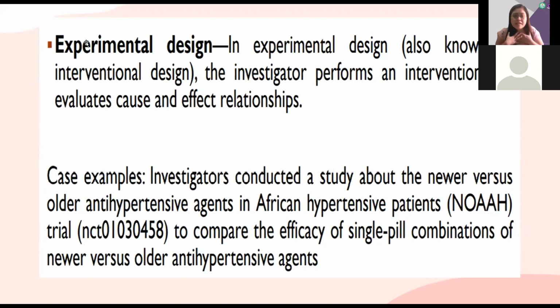So akong example again, antibacterial or antifungal, or for example, here on the screen, investigators conducted a study about the newer versus older antihypertensive agents in African hypertensive patients, a trial to compare the efficacy of single pill combinations of newer versus the older antihypertensive agents.